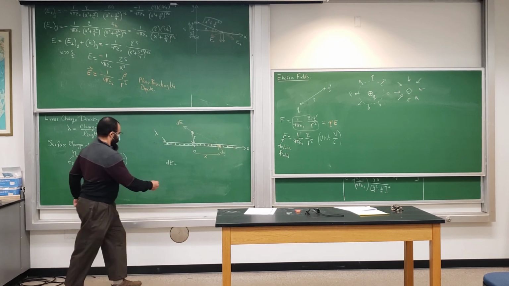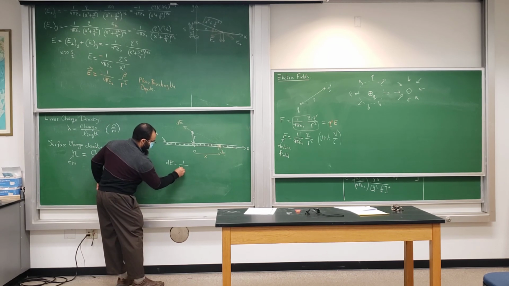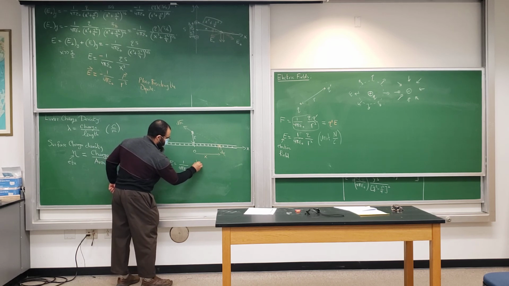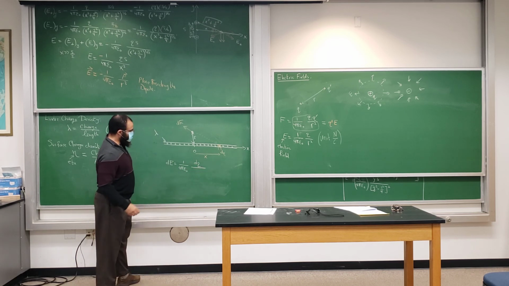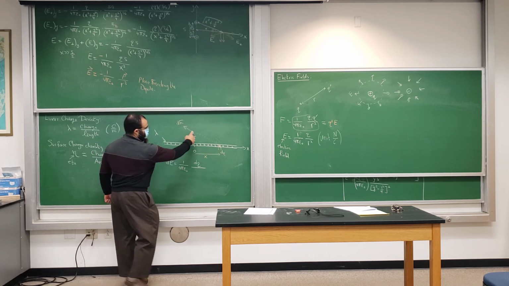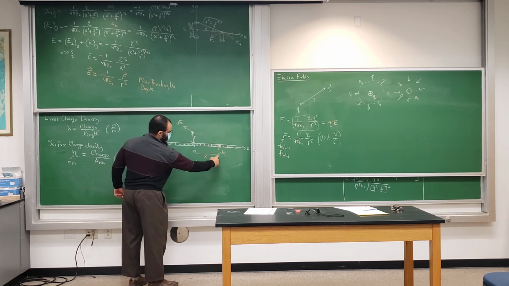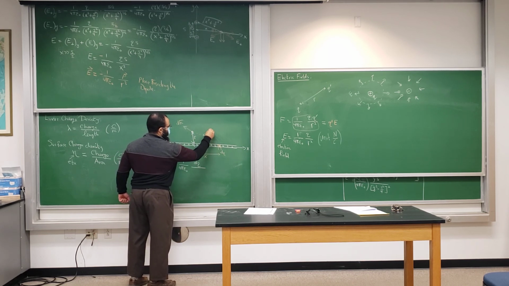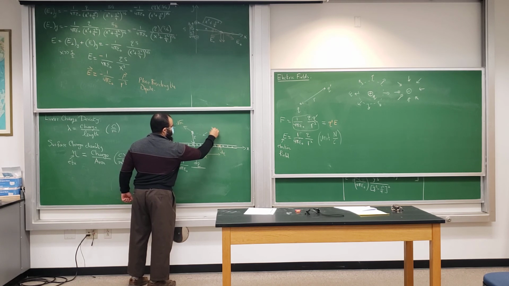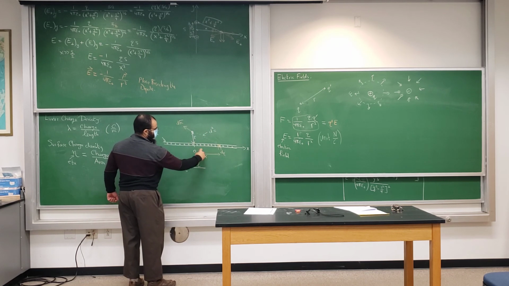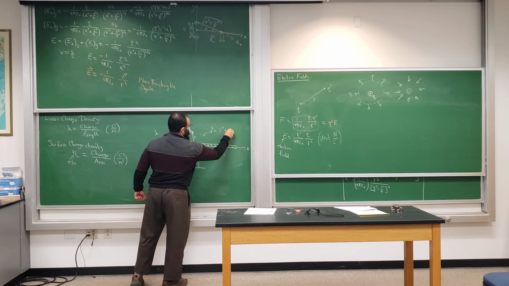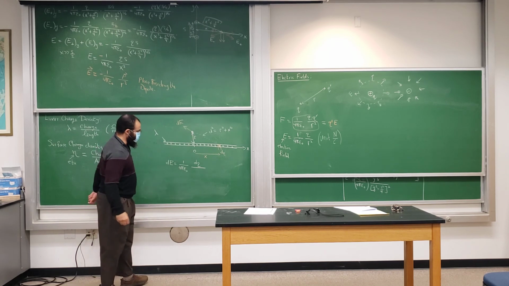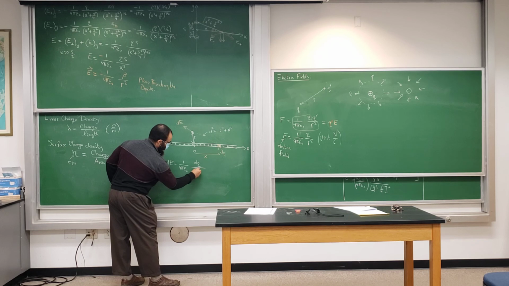So I have 1 over 4 pi epsilon naught, and then dQ divided by the distance squared. Now what's the distance? If this is x, and this is r, then this distance d squared is equal to r squared plus x squared.